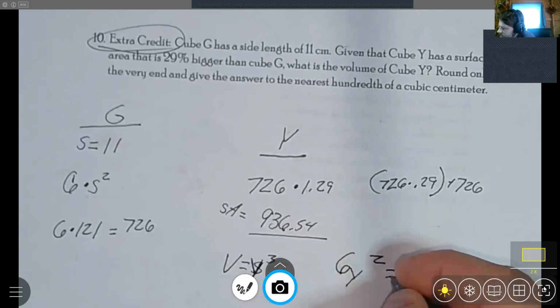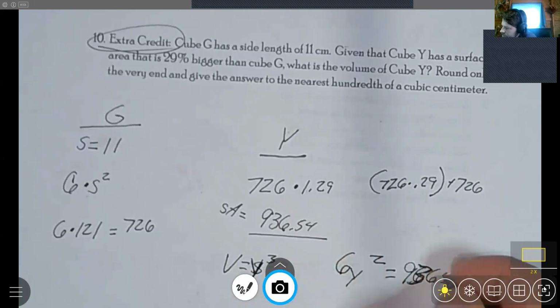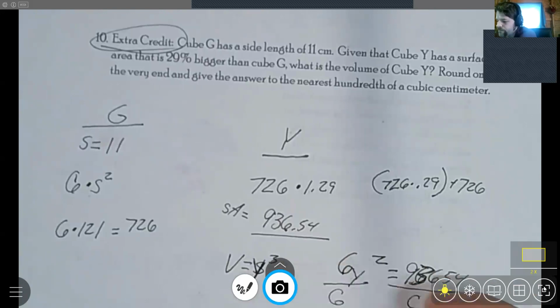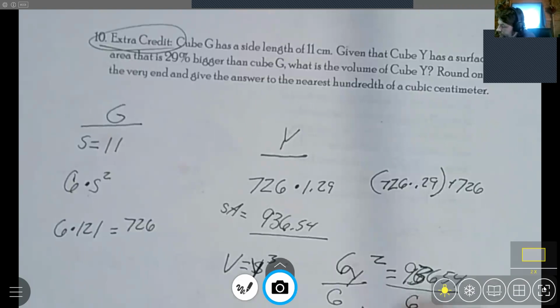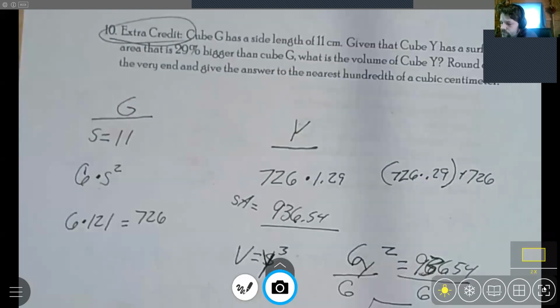We know that's equal to 936.54. So I'm going to divide both sides by 6 and get 156.09. So y squared is 156.09. I got to take the square root of both sides, and that gives me y is equal to 12.49.